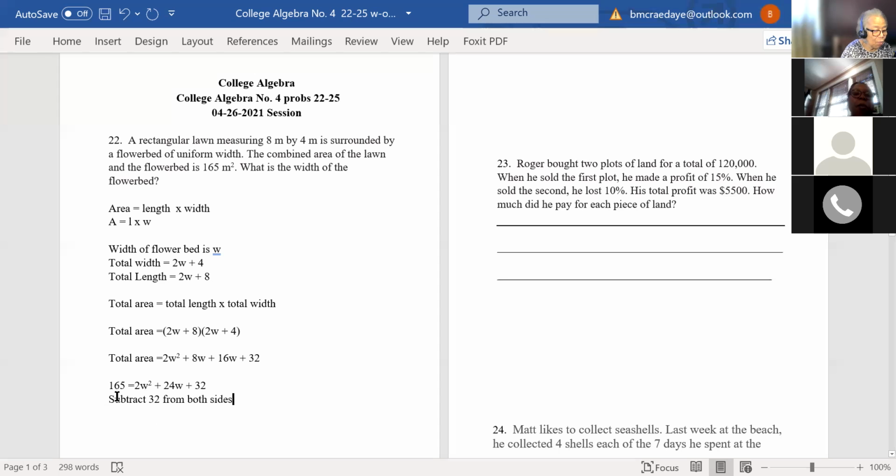Now, if we do that, 165 minus 32 is 133. And the other side is 0. Well, we subtract, well, this will be 0. So we'll have 2W squared plus 24W. Okay, so this would be equal to, let's just copy that, 2W squared plus 24W.